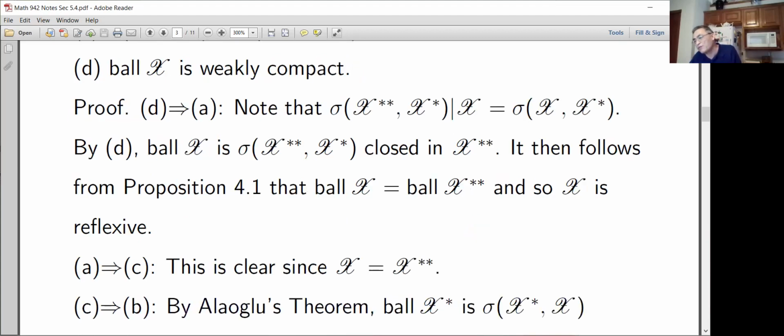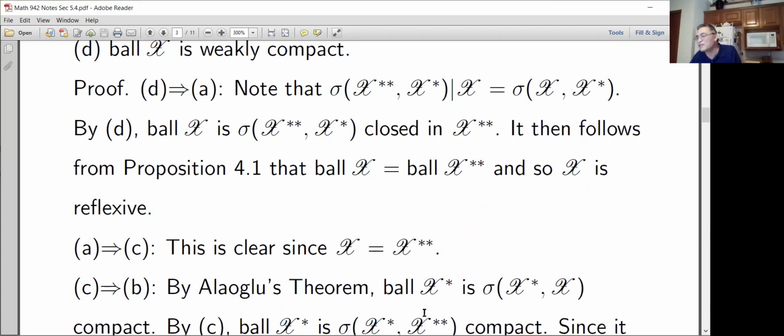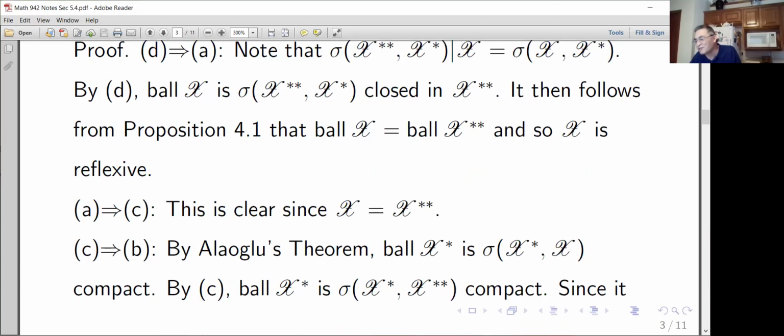By Lagrange's theorem, ball X is compact in this topology. But this topology is the same as this. So by C, ball X star is compact in this topology. And the compact must be closed.